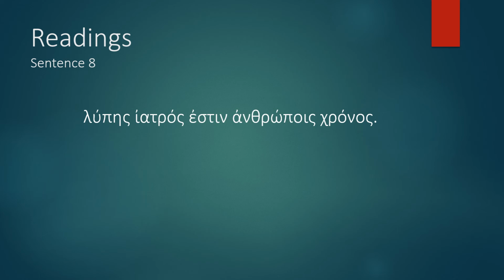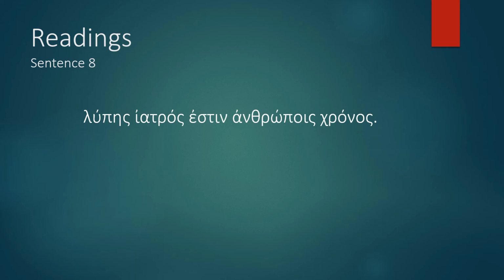And then chronos, another nominative. So we have two nominatives and the verb to be, or the verb is. So that kind of tells us we're going to have one be the subject and one be predicated of this subject. Doctor, like I said, so we can say the doctor is time, or time is the doctor. Lupê is a genitive.